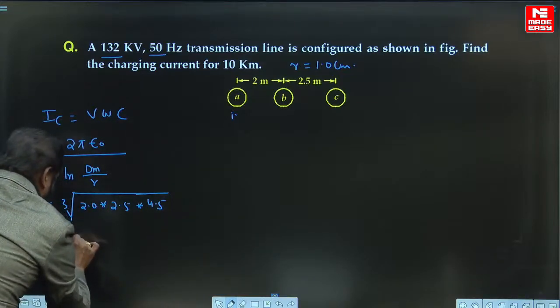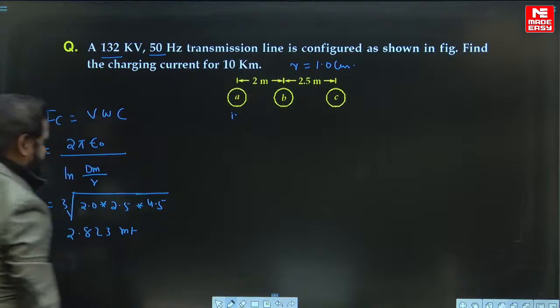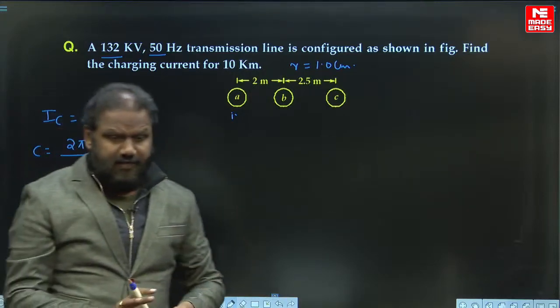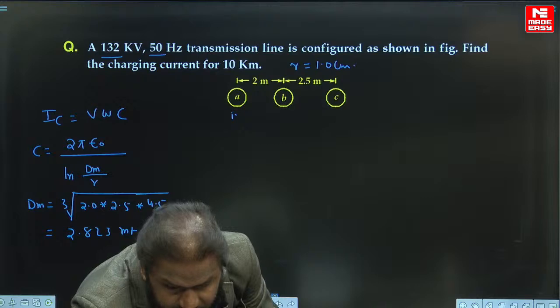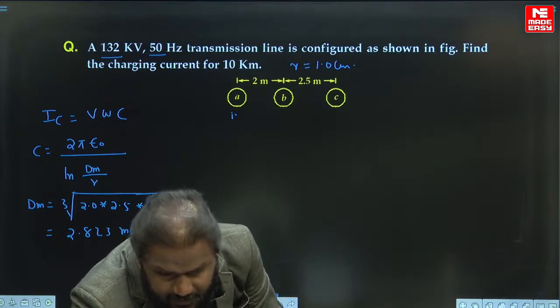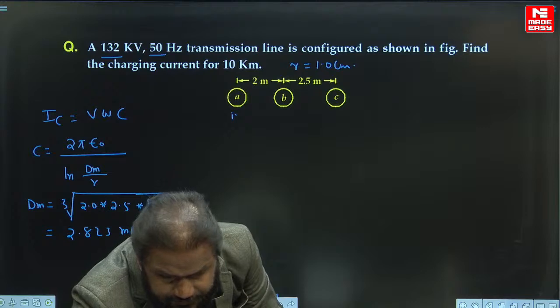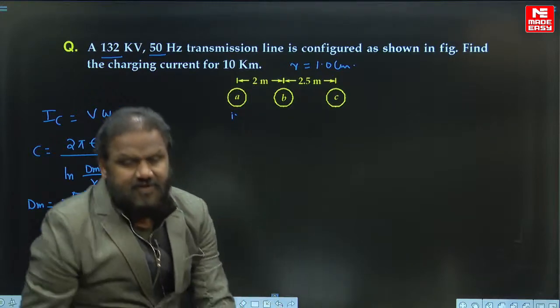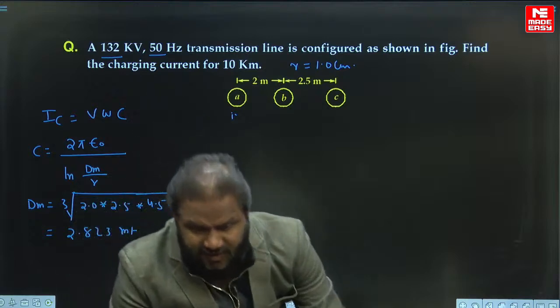2.823. Okay, you can check with your numerical calculations. Anywhere, even mine can be wrong. So you can observe that. Some students are giving the answers immediately.